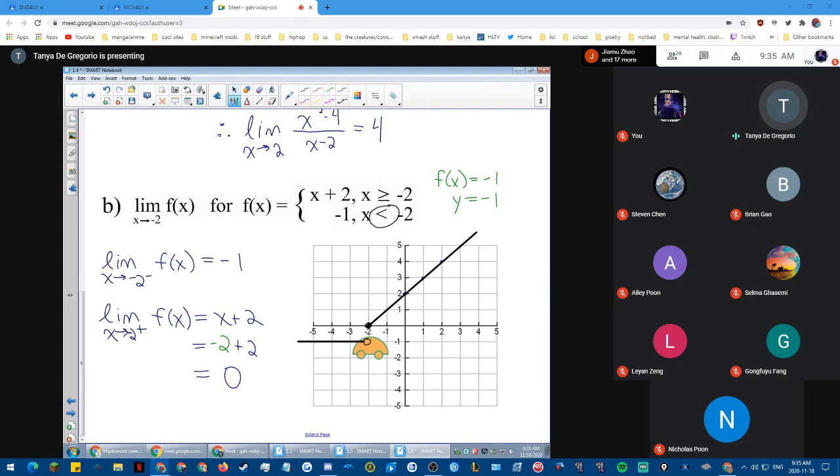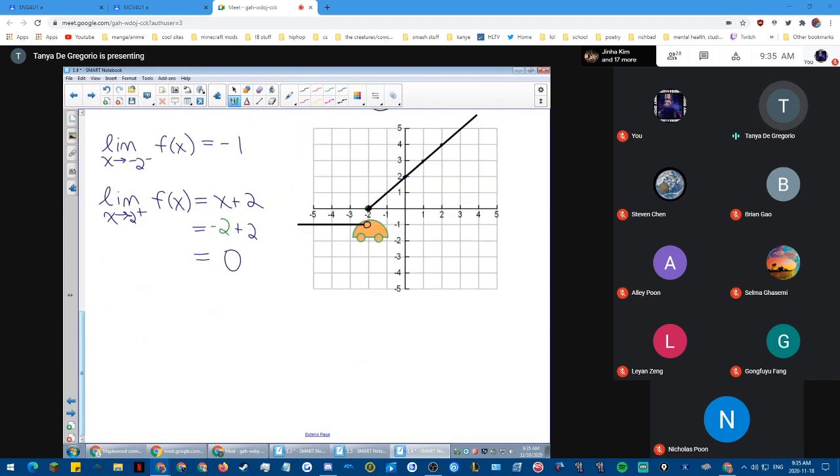We notice that the left-hand limit is not equal to the right-hand limit, and so therefore the limit overall does not exist. So since the left-hand limit, a little bit of shorthand now, does not equal the right-hand limit, overall, the limit as x approaches -2 of f of x does not exist.